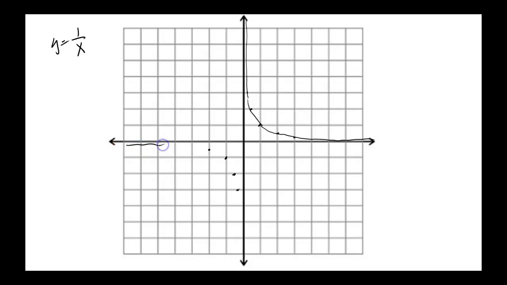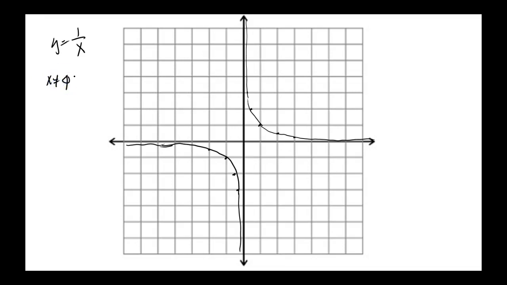Okay? So again, approaching the x-axis as a horizontal asymptote, the y-axis as a vertical asymptote. Now this is the function. The domain of the function is all x not equal to 0.